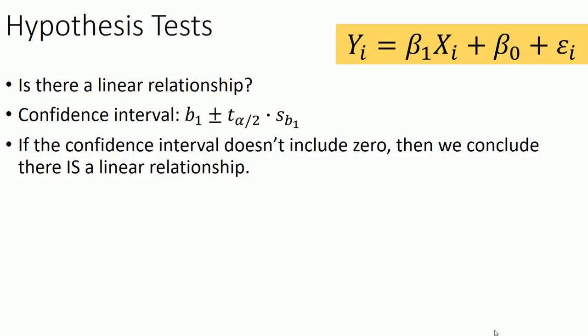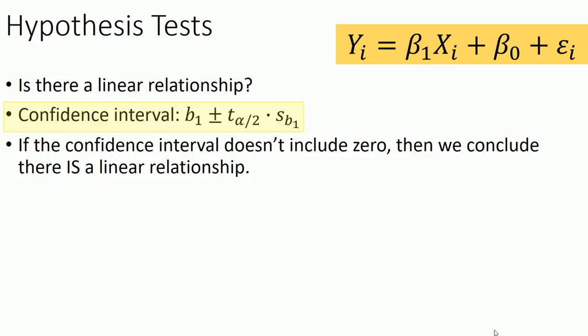Another way of looking at whether there's a linear relationship, or whether or not this coefficient beta 1 is equal to 0, is to do it with a confidence interval. So if we want to do, say, a 95% confidence interval, we can get the critical t-values for the degrees of freedom that we need, and multiply it by the standard error to give you a margin of error.